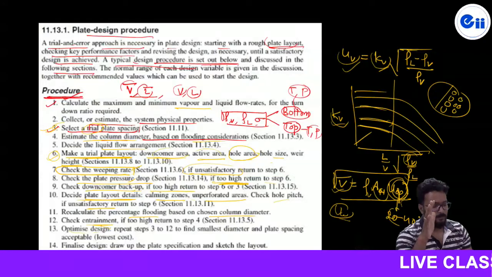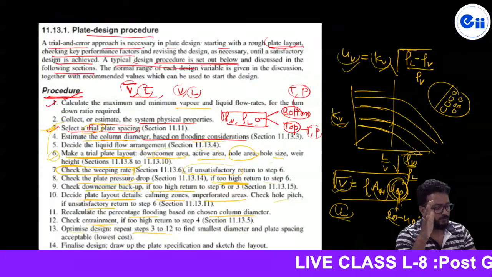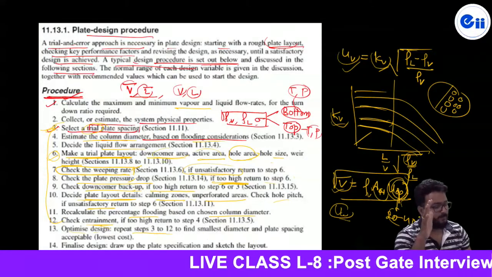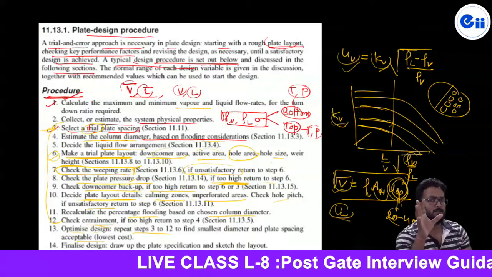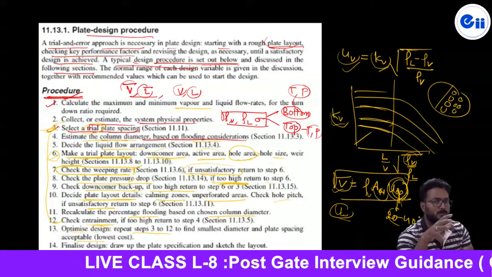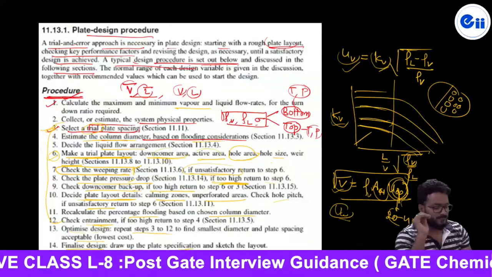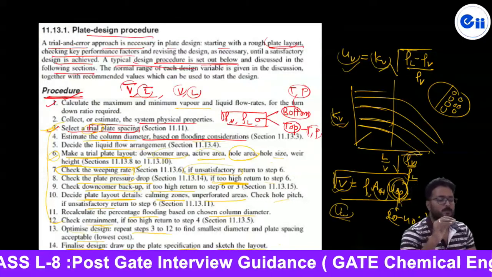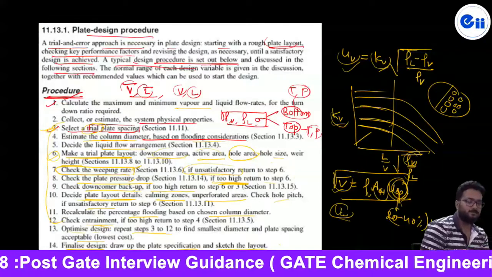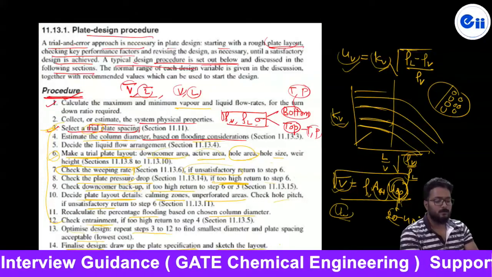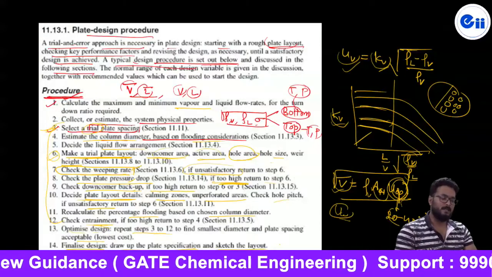Repeat steps 3 to 12 to find the smallest diameter and plate spacing acceptable at the lowest cost. It is part of optimization how the cost will be minimized. Then finalize the drawing of the plate specification and layout. So this is called the plate design procedure, and all these steps will be clearer in the subsequent slides.